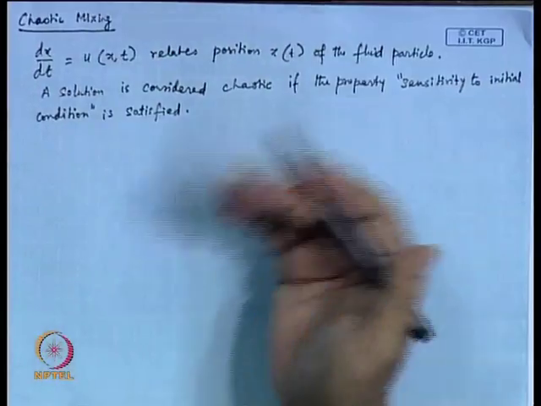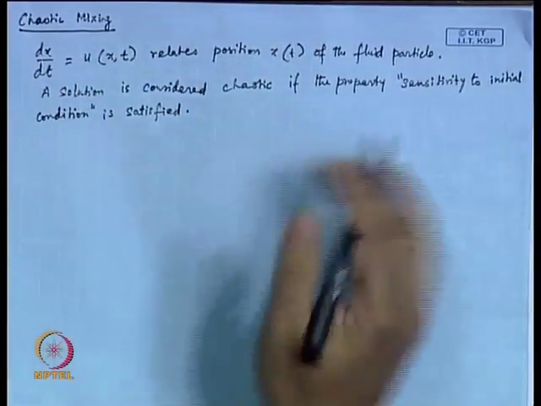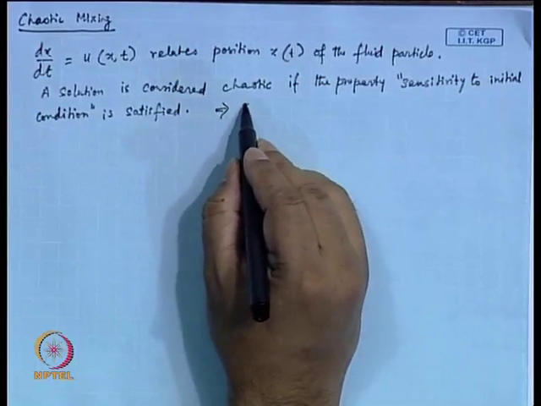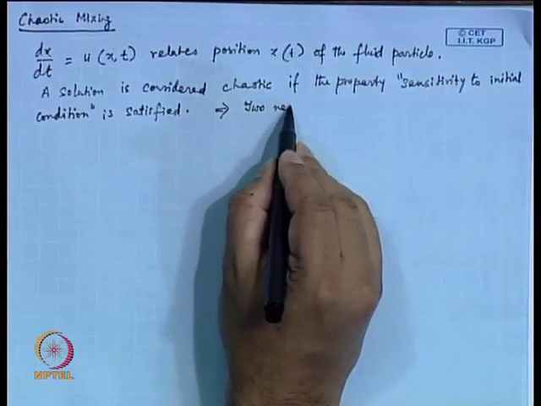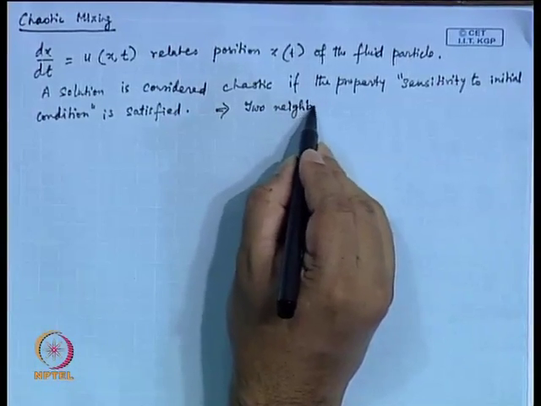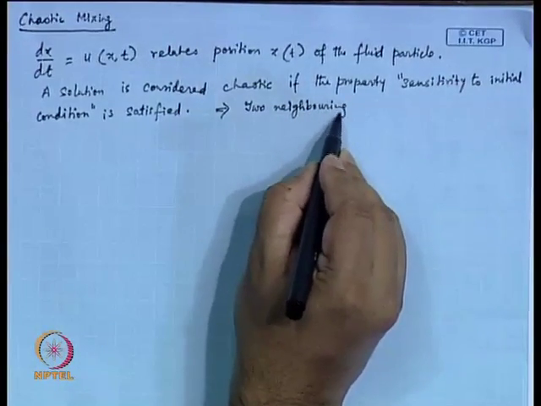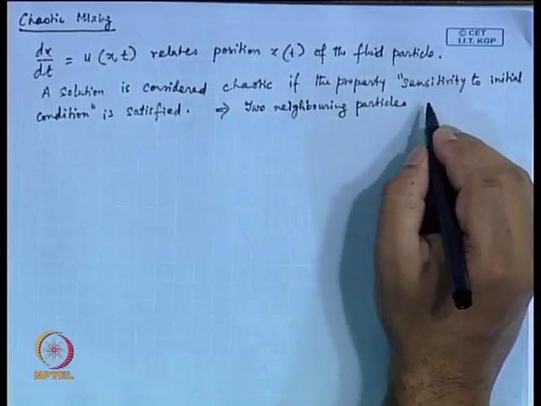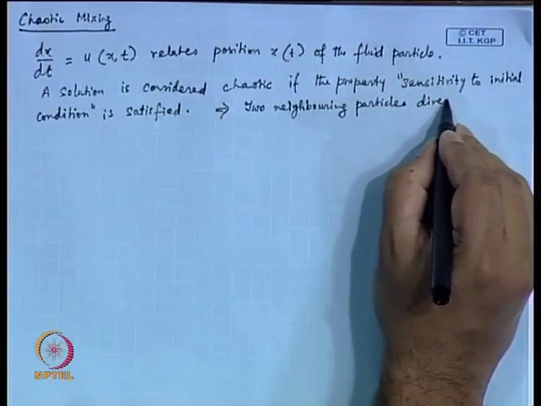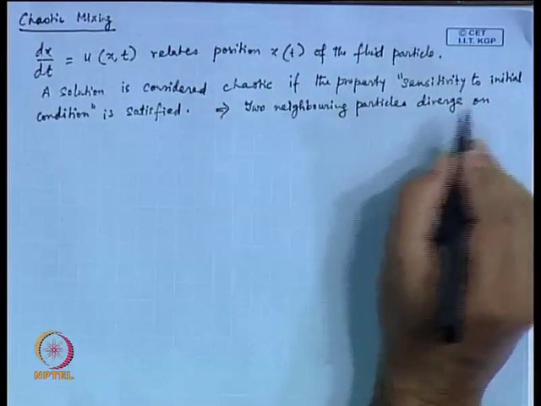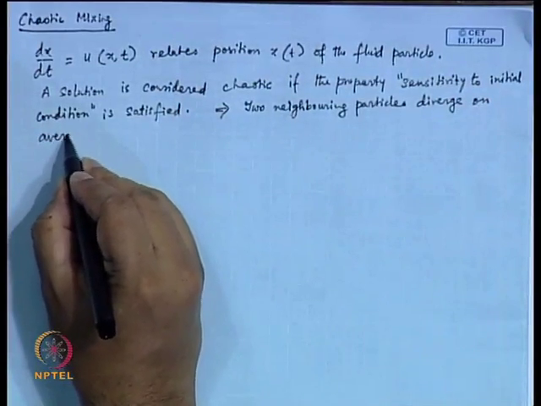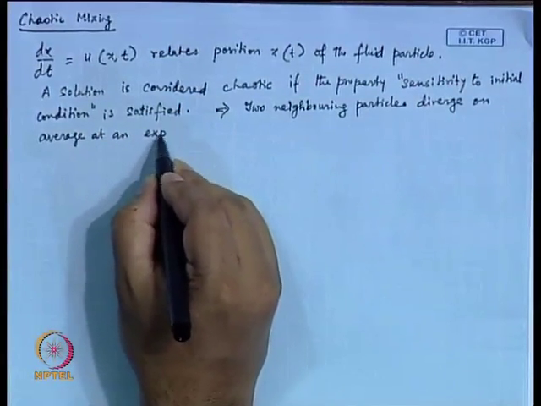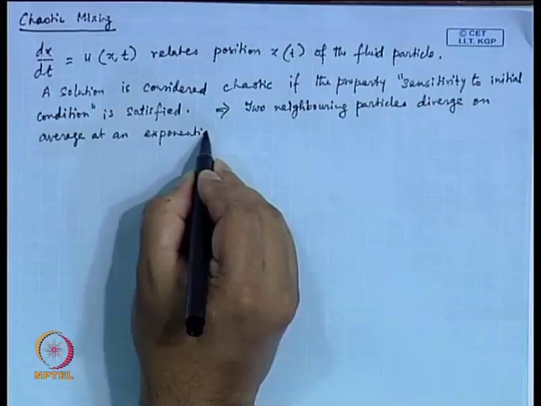What this statement means is that two neighboring particles diverge on average at an exponential rate.